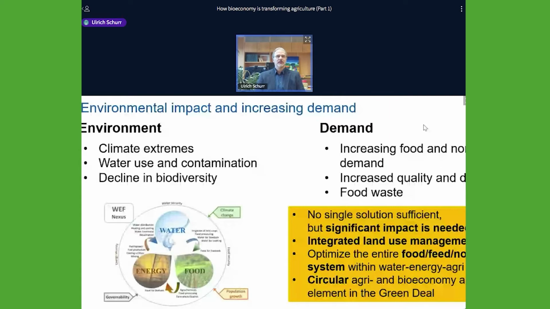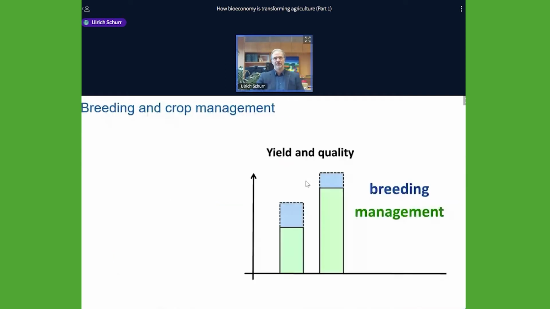In order to address this, we know that there is not a single solution, but we need to have significant impact very soon. Therefore, we also need to address integrated land use management. We also have to look into the entire food, feed, non-food system in the whole context of a water, energy, agricultural nexus. And therefore, we have to build a circular agri and bioeconomy system as a whole within a bigger perspective.